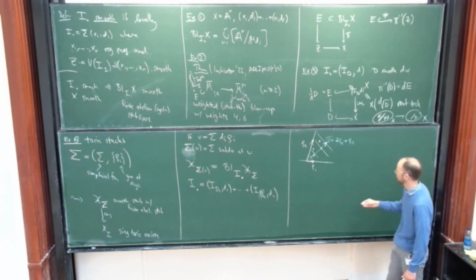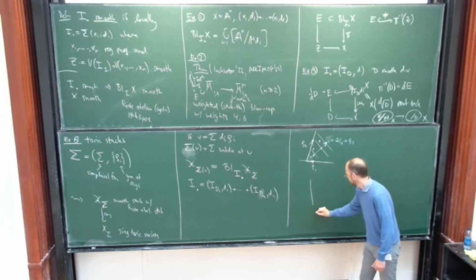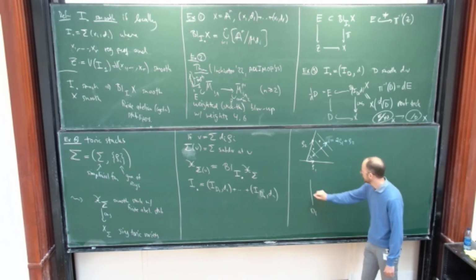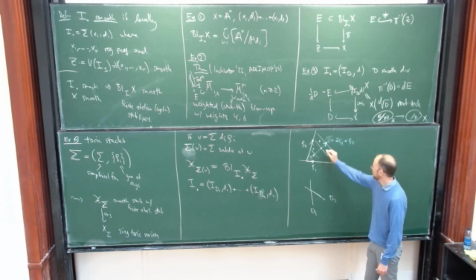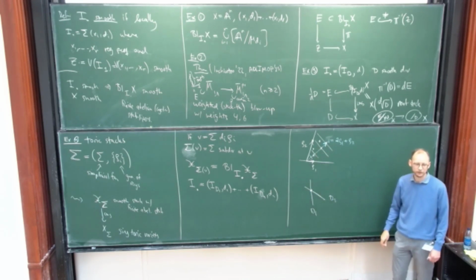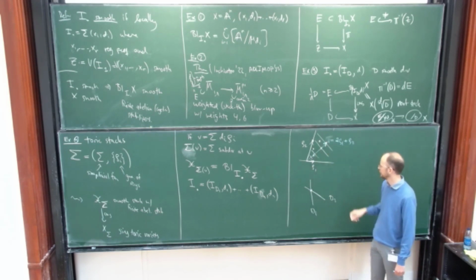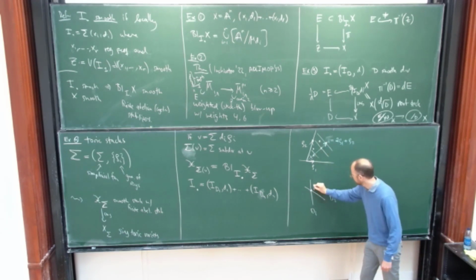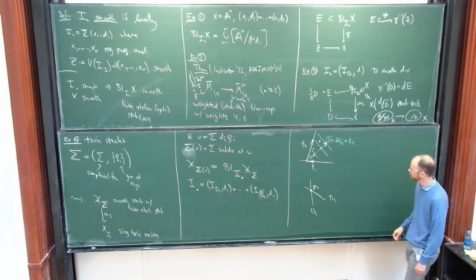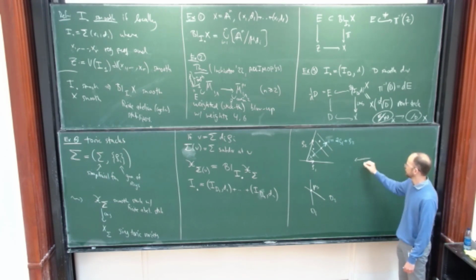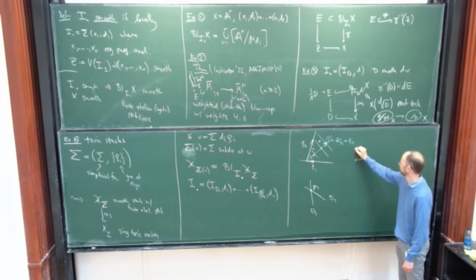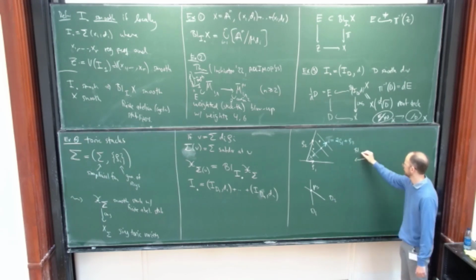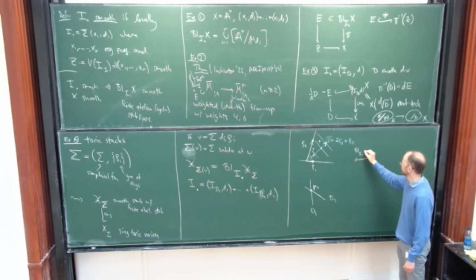So let's draw a picture perhaps. We have D1 and D2, and it's singular at this point when the lattice generator has index 3, so this is going to be a μ3 at this point, and then I do the blow up at this ideal generator corresponding to this v.